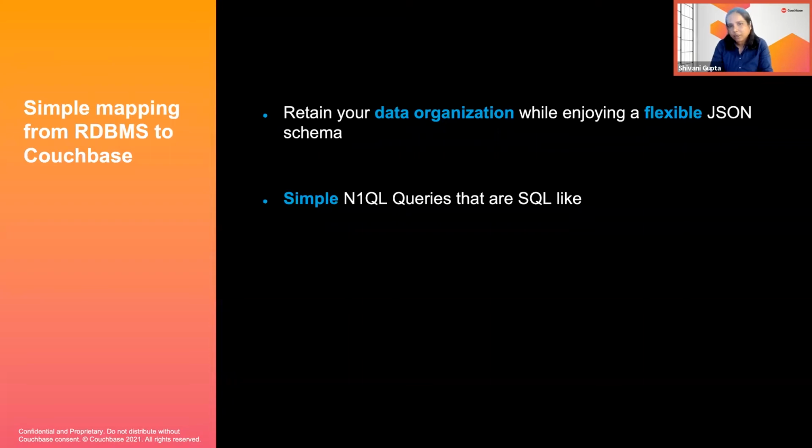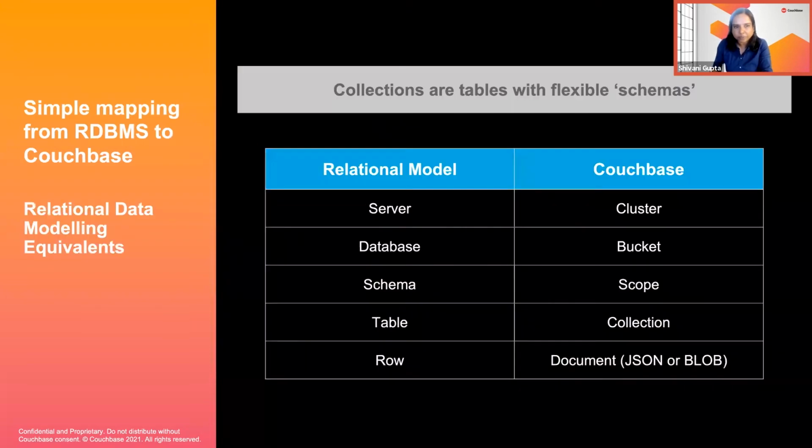So what you can do with scopes and collections is retain your RDBMS data organization while enjoying a flexible JSON schema. Also, you can write simple queries using a query language, which goes as N1QL, which is almost SQL-like. So it will be very familiar to developers from the relational world.